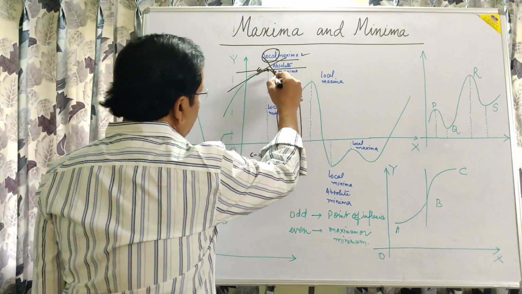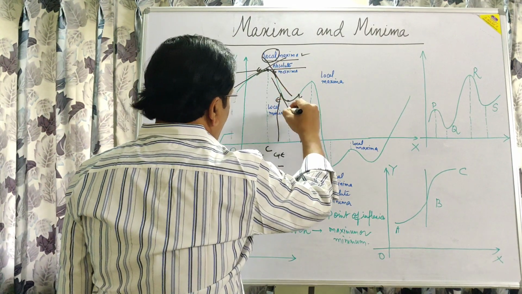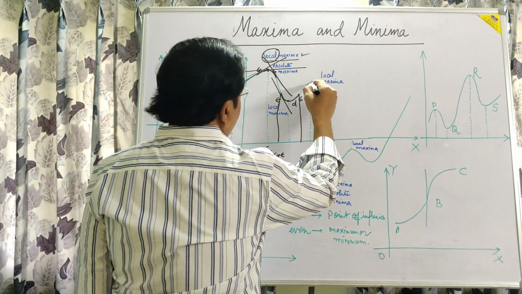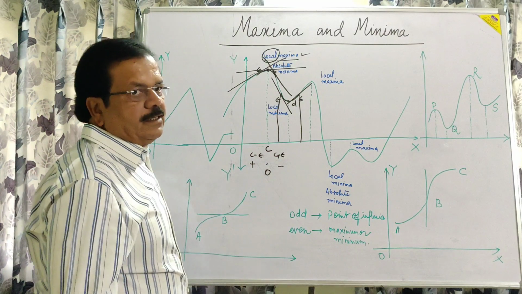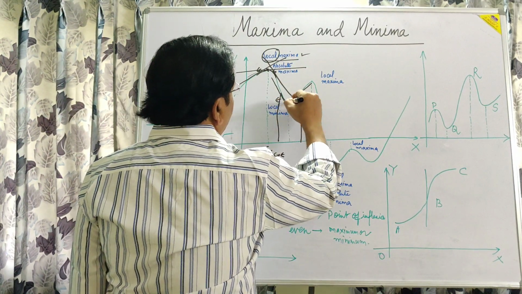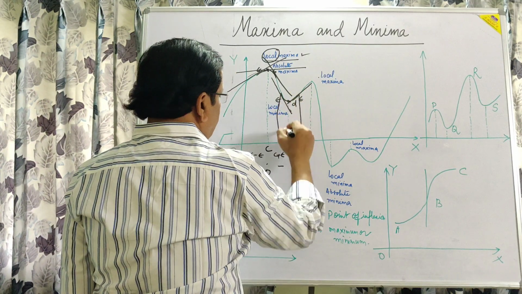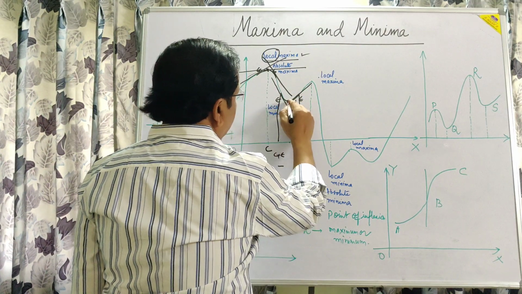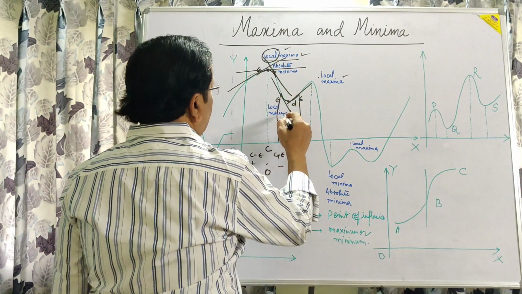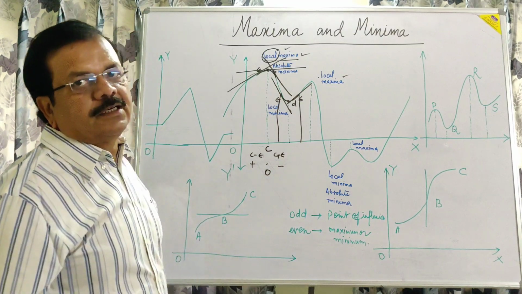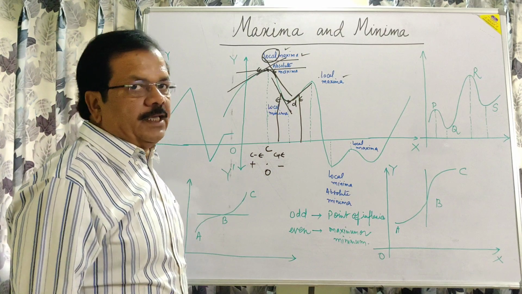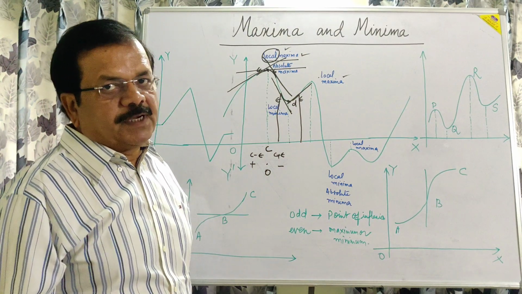You can see here this tangent is less than 0, and here this tangent is greater than 0, and that is why this is decreasing and this is increasing. At this point it ceases to be decreasing, and that is why local maxima or local minima are those points on any curve where the function ceases to be increasing or decreasing respectively.